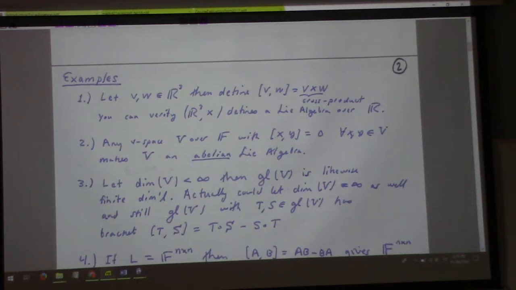So some examples. In Calculus 3, for those of you who've had it, everybody's had it, okay. The cross product actually is an example. If you take R3 paired with the cross product, that's a Lie algebra because the cross product satisfies the Jacobi identity.